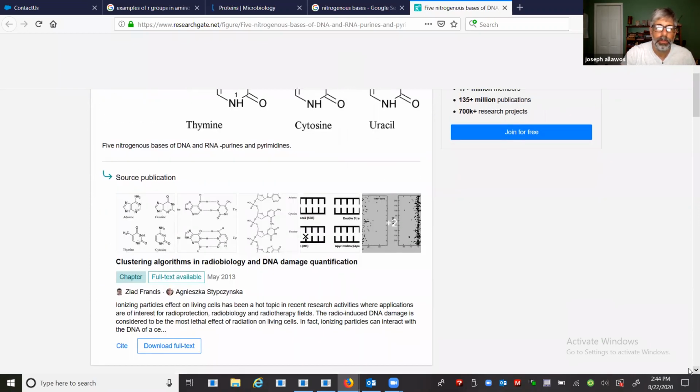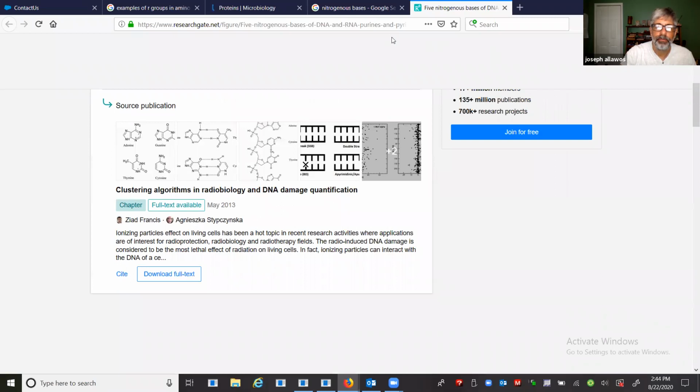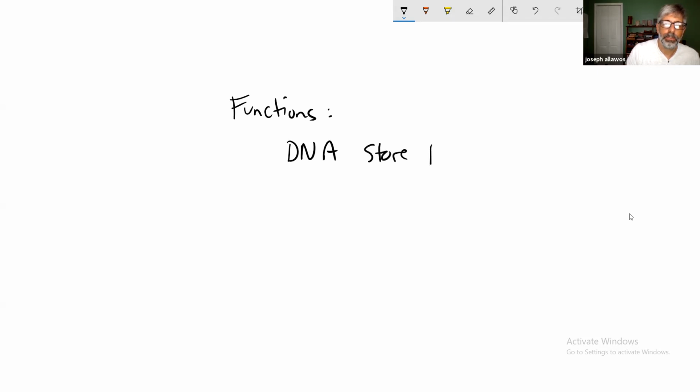Okay. In terms of the function of DNA, wow, it's pretty important stuff, right? As our last little bit, if we just think about DNA and what it does, it stores hereditary material and passes it on, right?